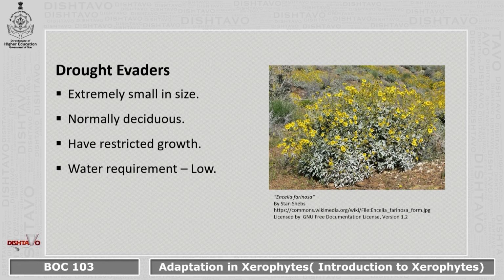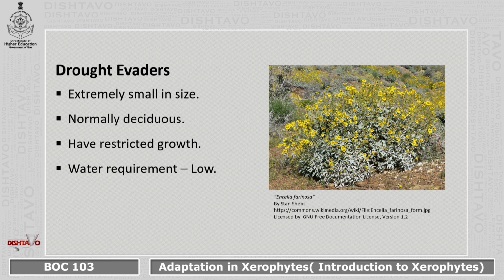The second type are drought evaders. Drought evaders are extremely small plants. These plants are normally deciduous in nature. Deciduous means they will lose their leaves during the unfavorable period.